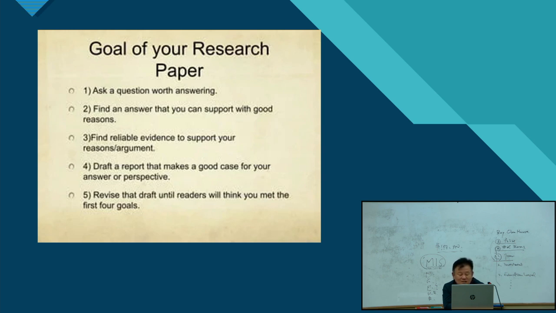It means whether the data is adequate for your topics or not. And draft a report that makes a good case for your answer or more perspectives. It means you can make the draft for your research paper. And finally, revise the draft until readers will think you met the first goals. This is for research paper goals.